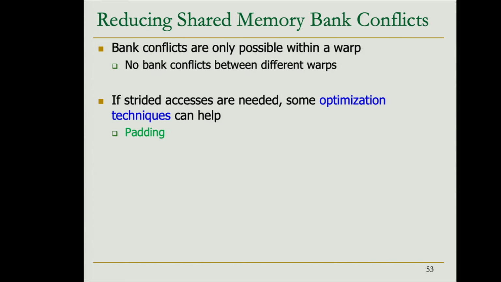So the good thing is that thread 16, instead of accessing here, is going to access here in bank 1, where no one else is accessing. So I avoid the bank conflict, and now I can get the maximum bandwidth from the shared memory. That's essentially the padding thing.